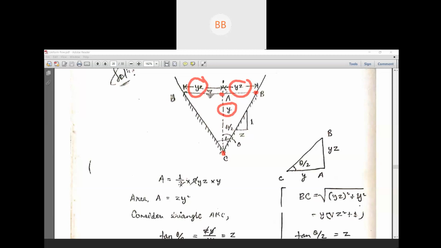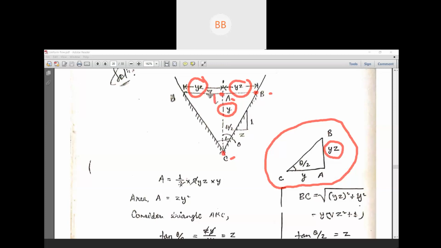Then we are going to consider this triangle A, B, and C. It's a right angle triangle. So you can see here, AB is nothing but your zy or yz, same thing. Then AC is nothing but our depth of flow.